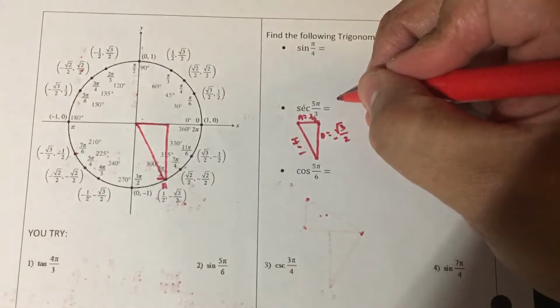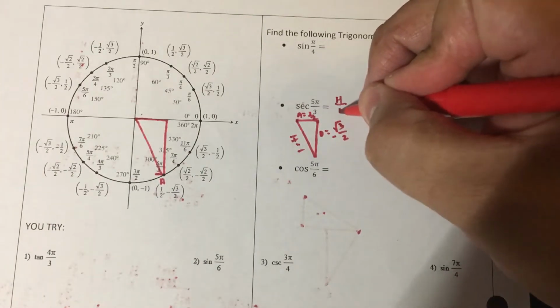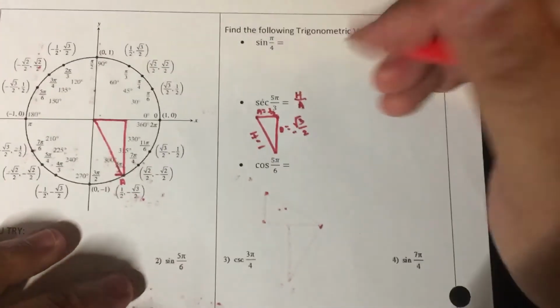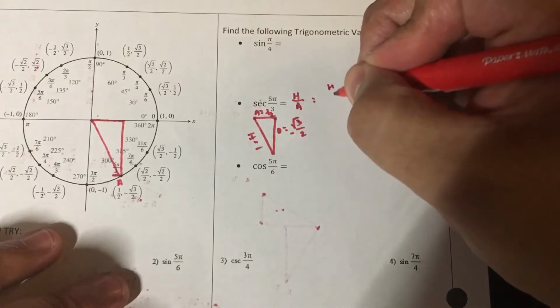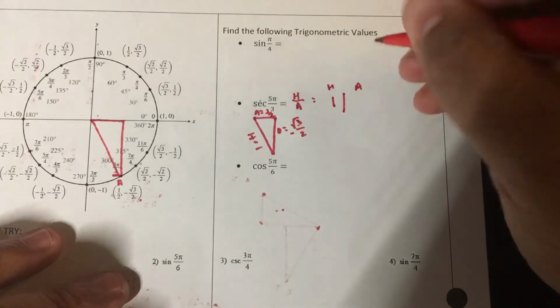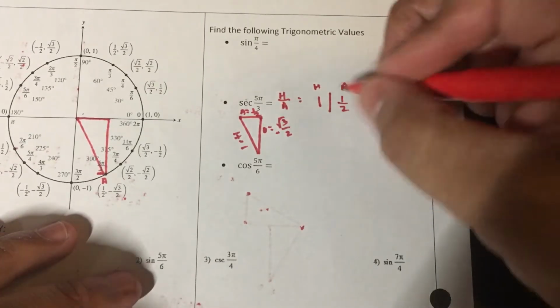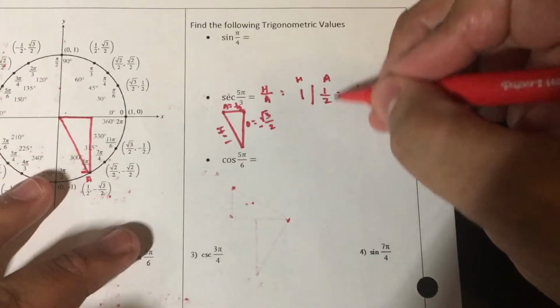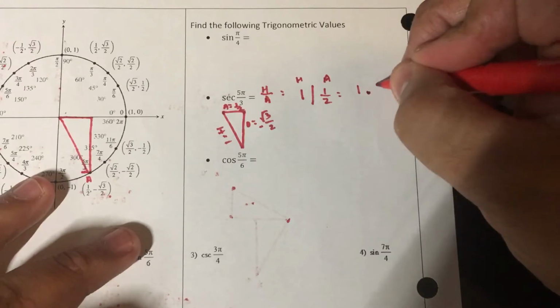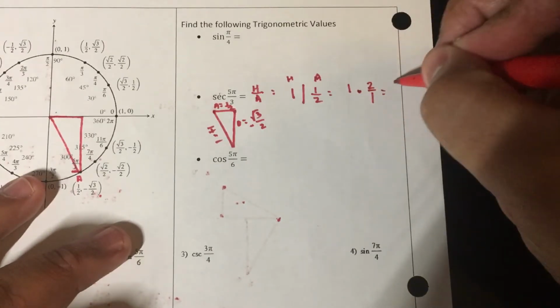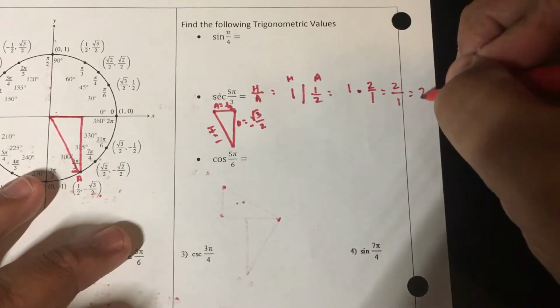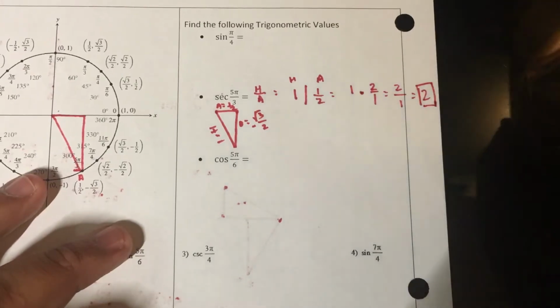And secant, I know from the front, is H over A. So H is equal to 1, A is equal to 1/2. Here I am dividing by fractions, so this becomes 1 multiplied by 2 over 1. So 1 times 2 is 2 over 1, which is just 2.